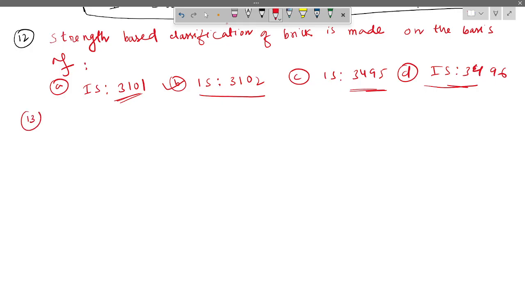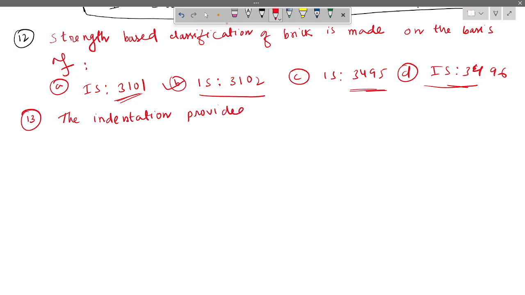The question number is 13. What is the question? The indentation provided.